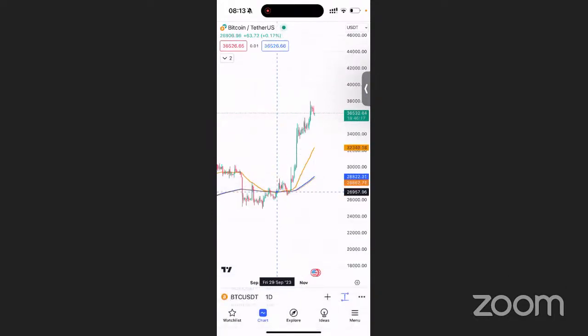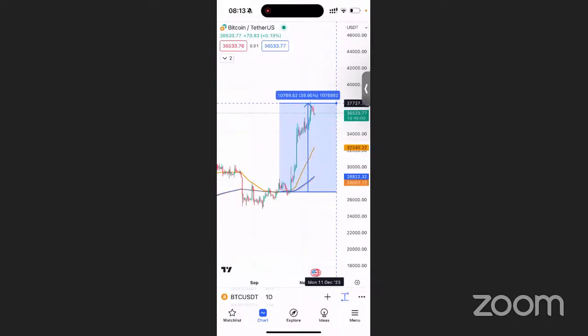So from here where the crossover happened, this was October 2023, we can see the market rise and deliver more than 40%, ladies and gentlemen. Why? Because of the golden cross.